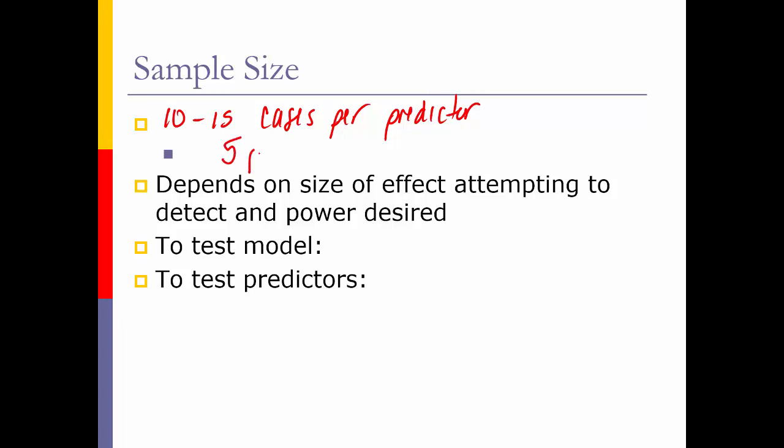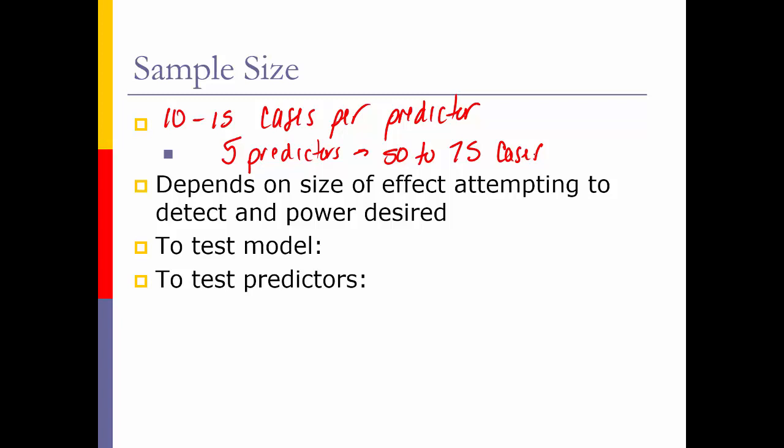So if you're using 5 predictors, you're going to have to collect information from 50 to 75 different cases. However, the size of your sample really impacts the effect size as well as the power of your test.